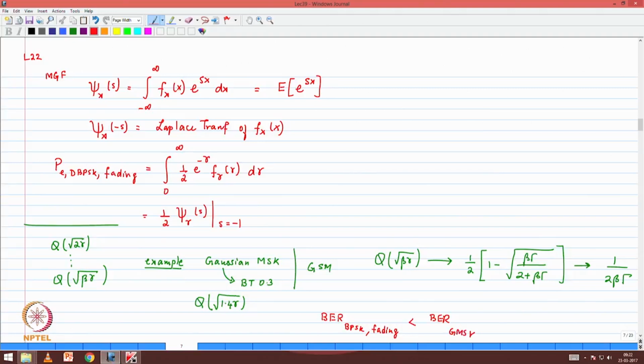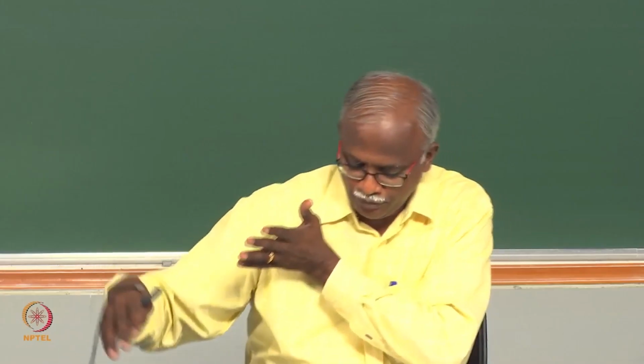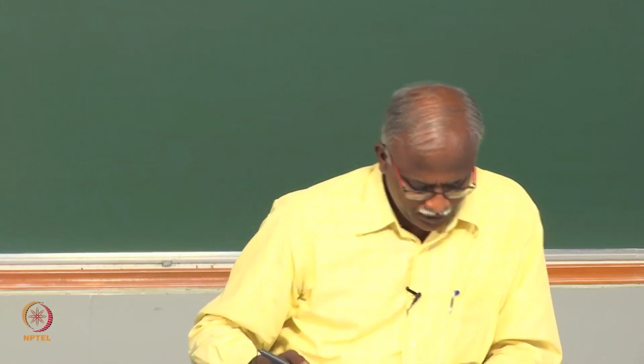That's very easy to show, because both of them have a Q function in Rayleigh fading, and we can show from the asymptotic expressions that this is better than the BER of DBPSK. So use the asymptotic expressions to see where these graphs will fall, and then you can show it.